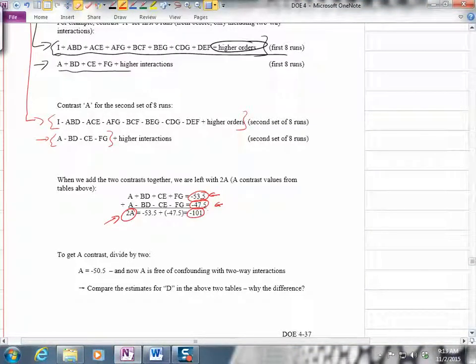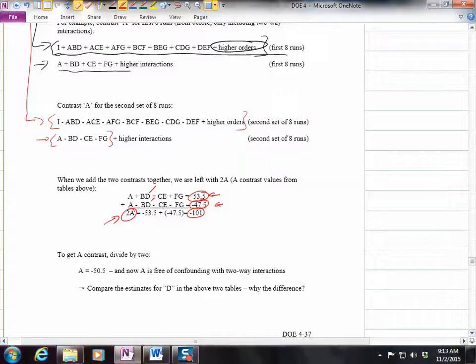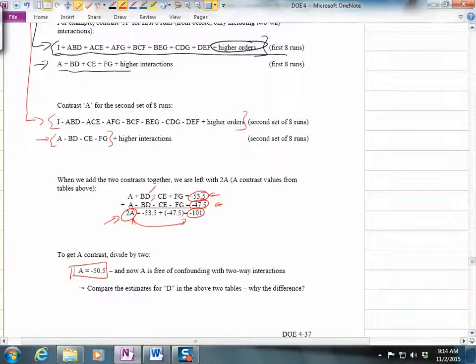And notice what happens here. Those things cancel, right? Whatever the BD effect was contributing to this one, it was doing the opposite here. So if it was adding 10 here, it was subtracting 10 there, and therefore it's canceling out. So we end up with 2A equals that, or A equals minus 50.5. And so that is clear of two-factor interactions, right? They've all canceled out.